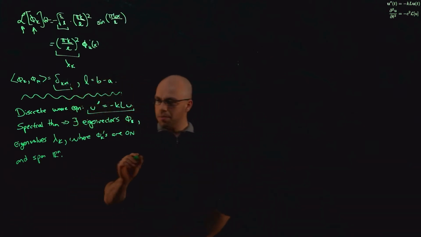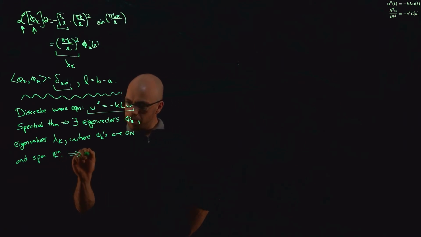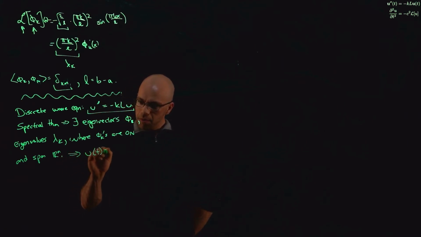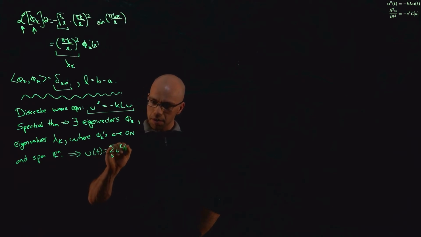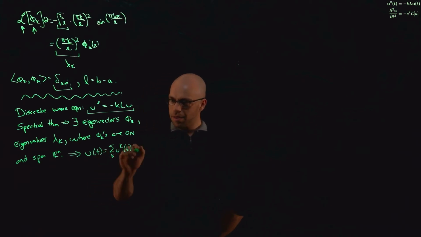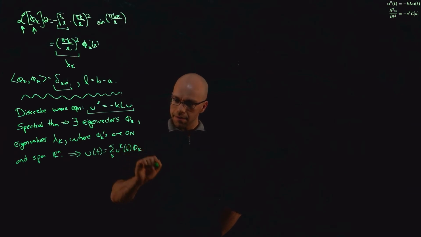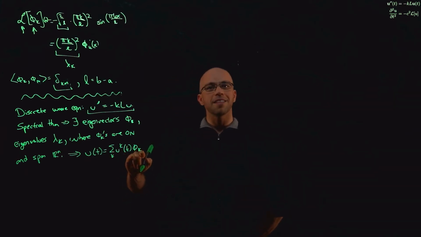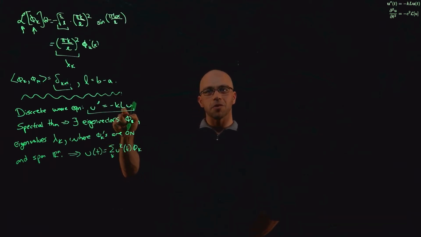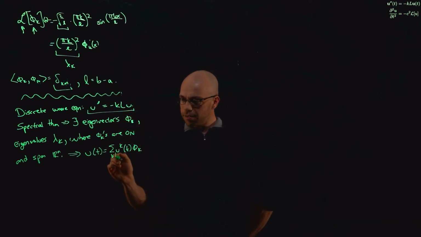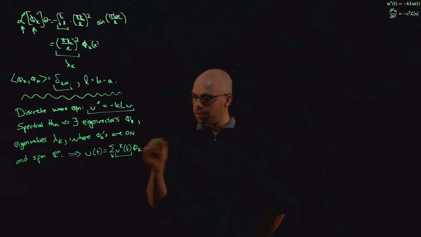In particular, u of t is equal to a sum over k of the kth coefficient u_k of t times phi k. So phi k here is a fixed constant as a function of time because it's just some eigenvector of this constant matrix L, and the only thing that's changing is the coefficient in front of phi k.